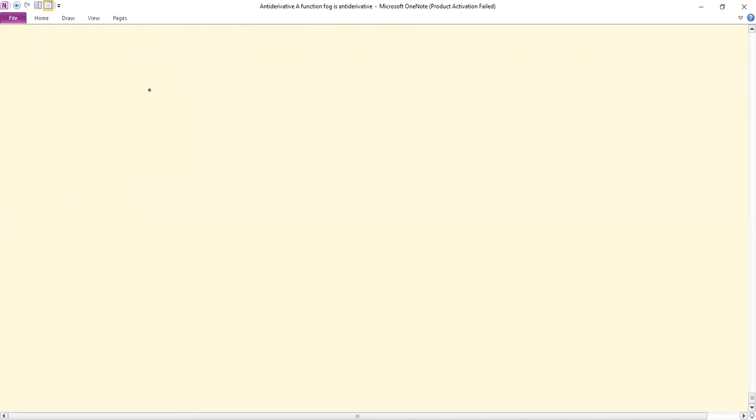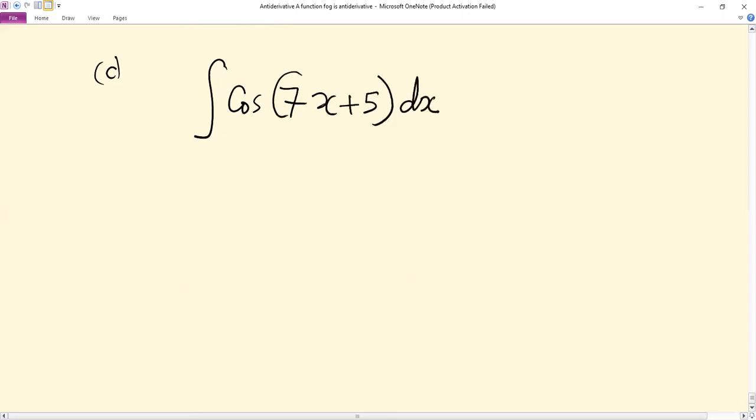C, integral of cos of 7x plus 5. Now what we do, we fix this bracket.